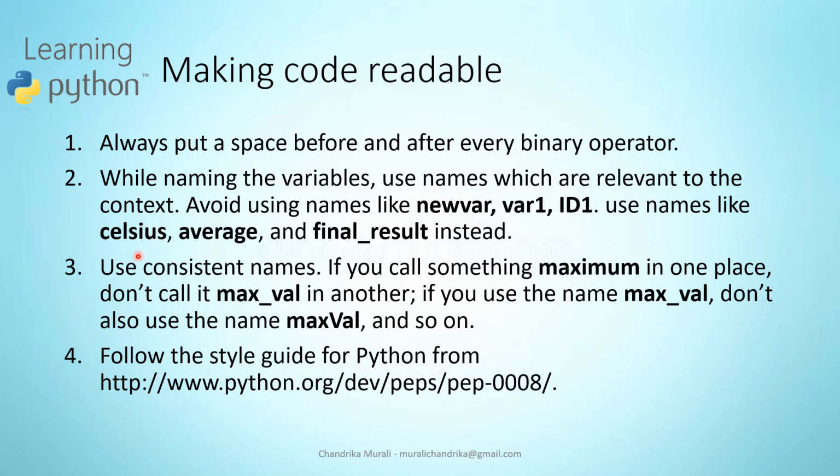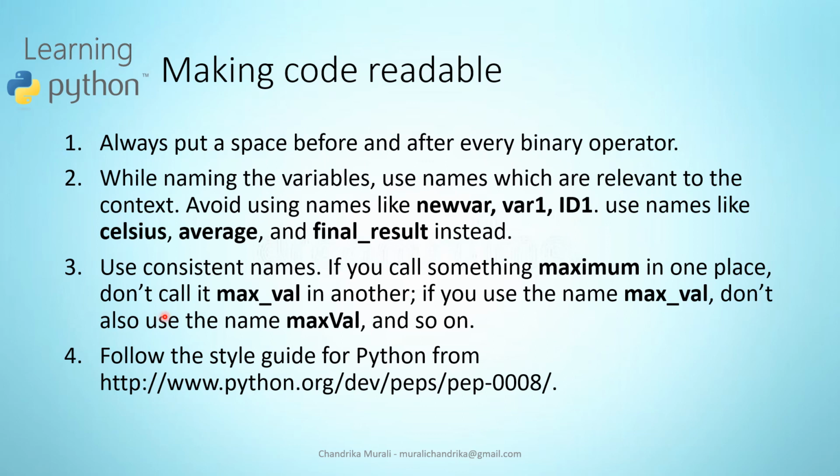For example, if you're storing the Celsius values, you can give the name as celsius. If you're storing the average value of something, you can give the name as average or final result. And it's better to avoid names like new var or var1, id1. All these things can be avoided.